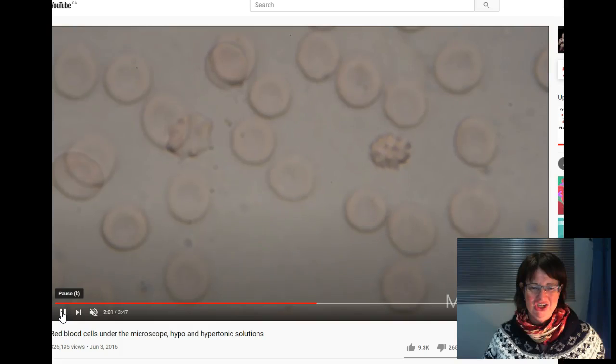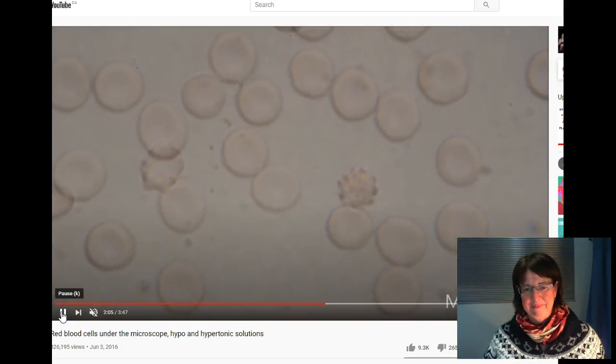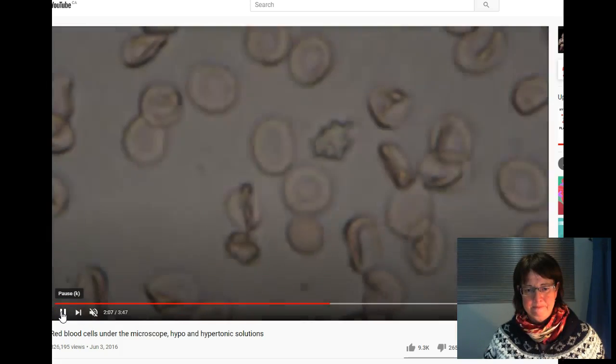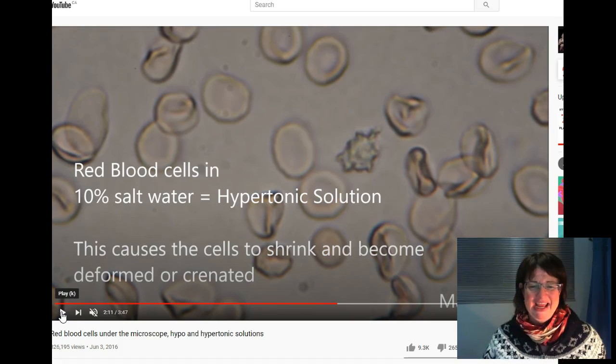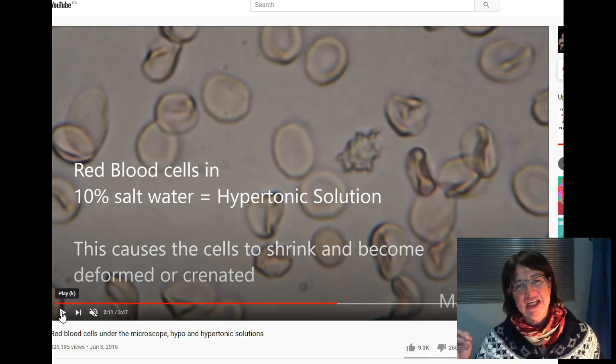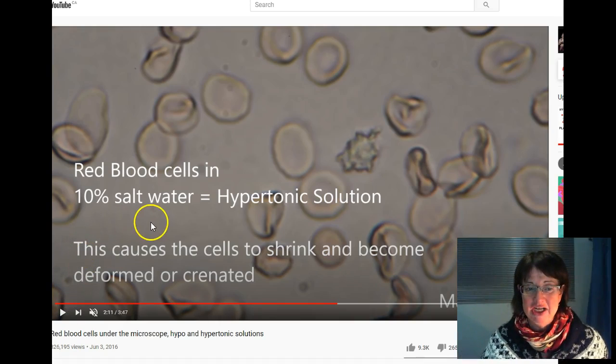Okay, now we can see a change in the shape of the red blood cells. So what we've done here is add a hypertonic solution. Hyper means more, and it's in terms of the solute. So there's more salt added. So instead of 0.9, we're at 10%. So that's a huge magnification.